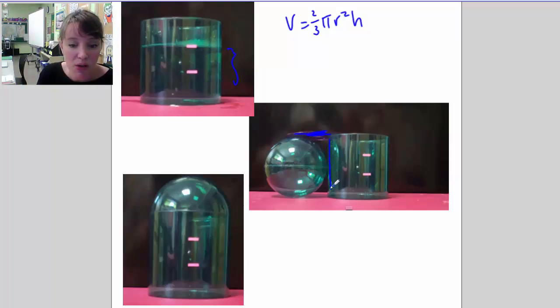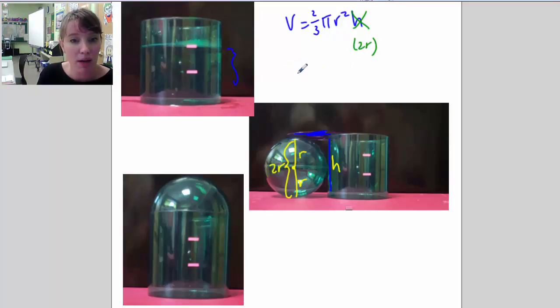If this is considered the height of the sphere, then what is this right here? Well, in a sphere, this is the radius. So right here, this is 2 of the radius. It's the diameter, or 2r. So instead of putting the height here for the volume of a sphere, it's a little easier for us to replace this h and instead put 2r in its place.